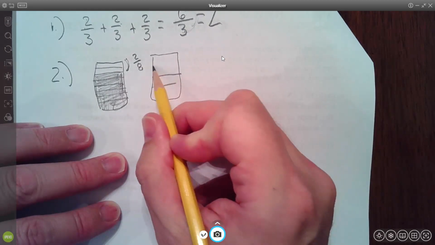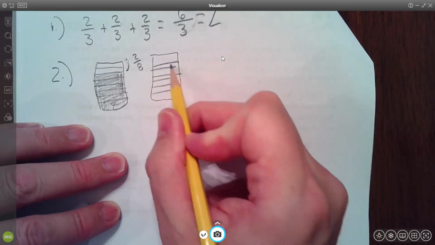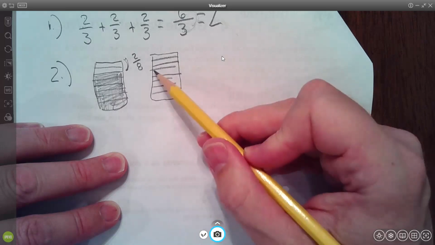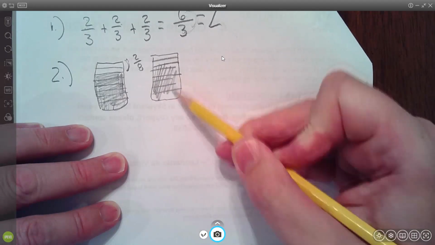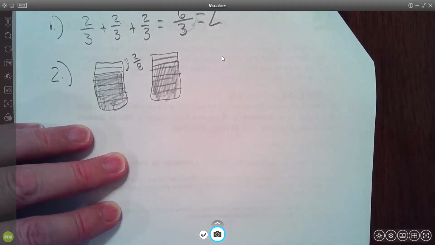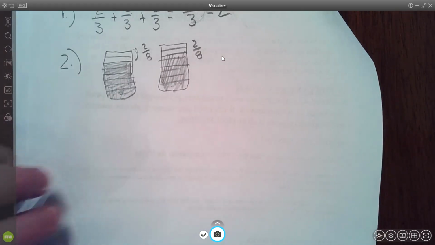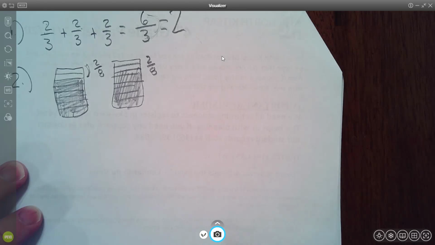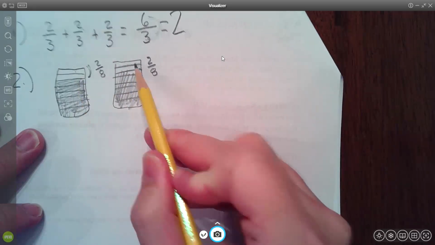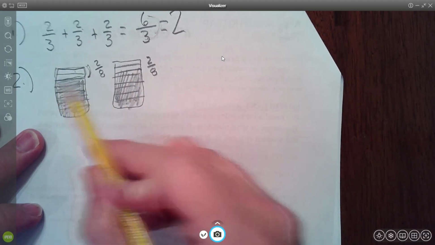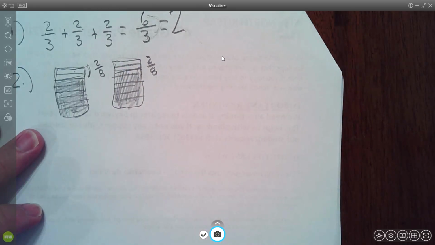Half, fourths, eighths, and he gets all but 2 of them. He has another 2/8s left over that he needs. So you can kind of see where this is going. We're going to need to buy enough bags so that this leftover spot here equals 6/8. Because remember, he buys them in 6/8 chunks.